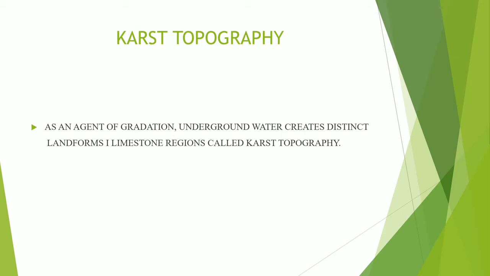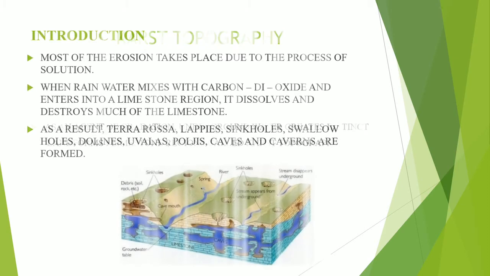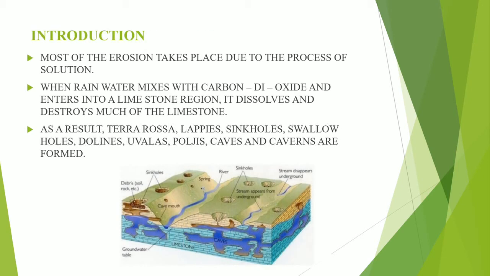It creates distinctive landforms in limestone regions called karst topography. Introduction. What is meant by karst topography? When features are created because of solution in the limestone region, it is called karst topography.